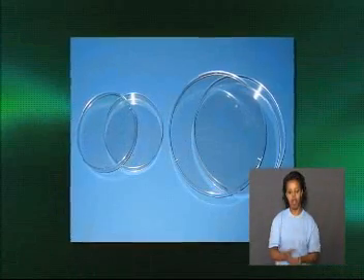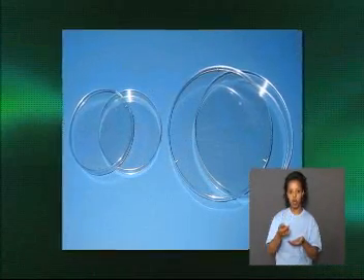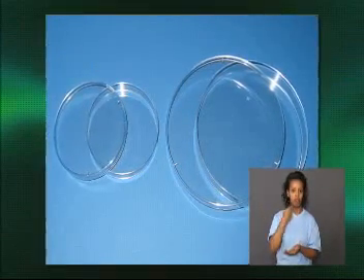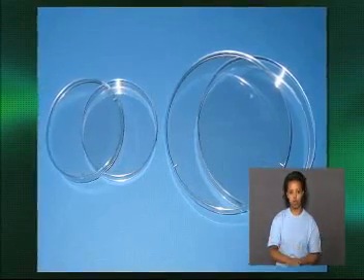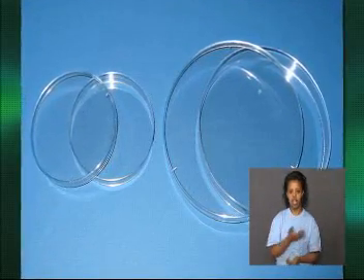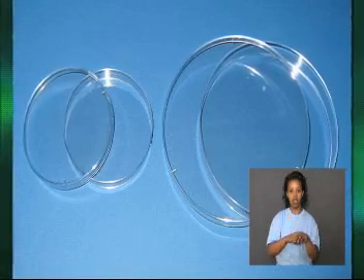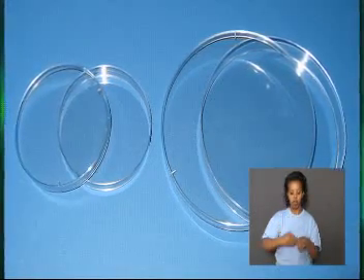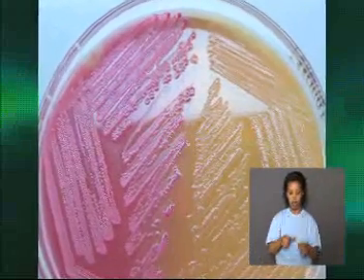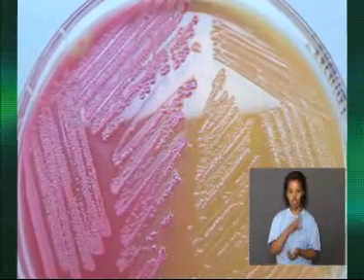Petri dishes are round dishes made from glass or plastic. They have many different uses, but their main function is to contain culturing organisms. Petri dishes are often used in combination with agar.